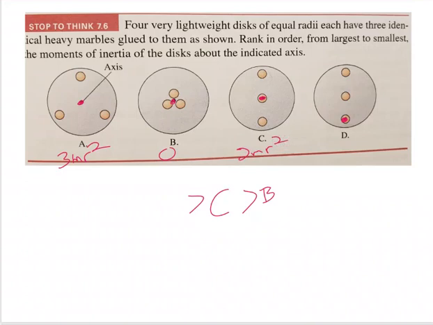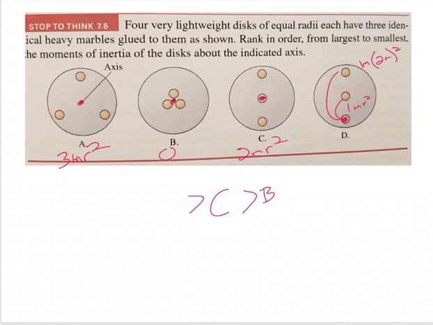So now with the center of rotation right here on D, what is this one going to be? That's 1 radius, so that's 1 mr squared. And what's this one? That's 2 radius, so it's 1 mass at 2 radius squared.